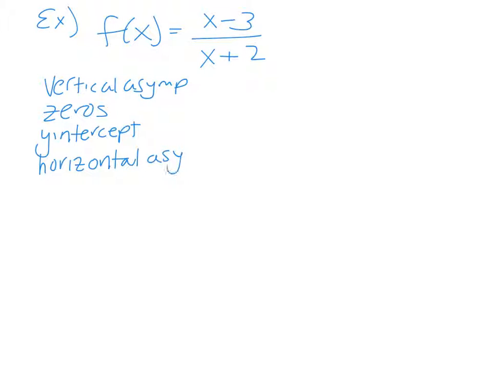All right, so vertical asymptote, how am I going to get that? Denominator equals 0. So where's my vertical asymptote? X equals negative 2. That's the vertical asymptote because x plus 2 cannot equal 0, so x cannot equal negative 2. All right, zeros. So these are the x-intercepts.